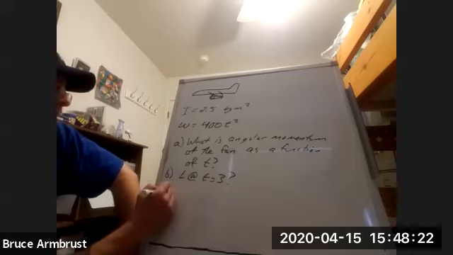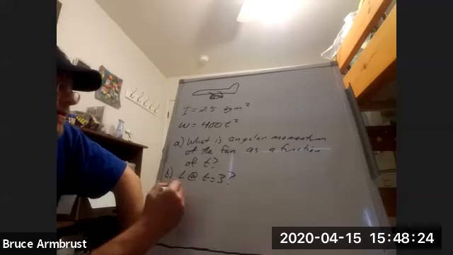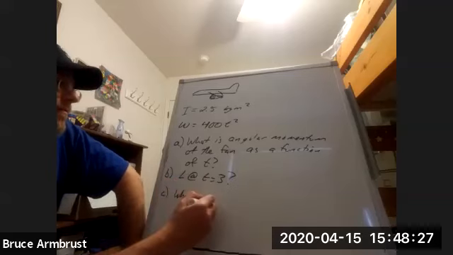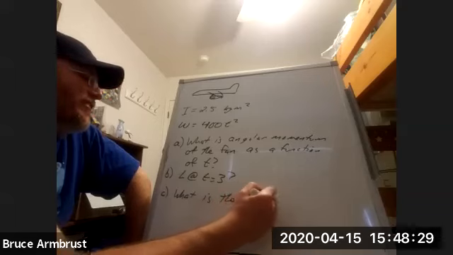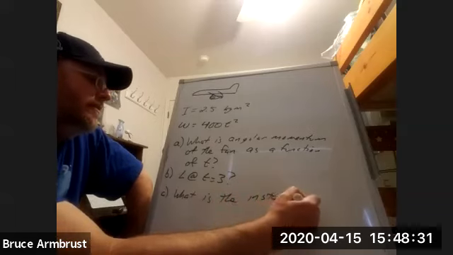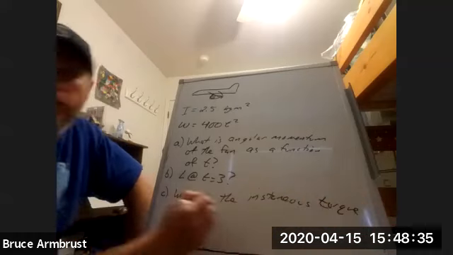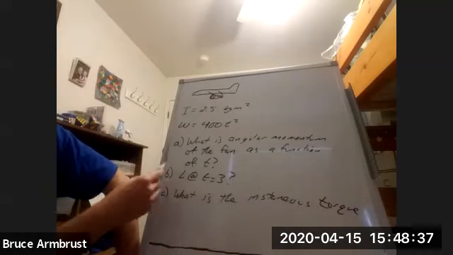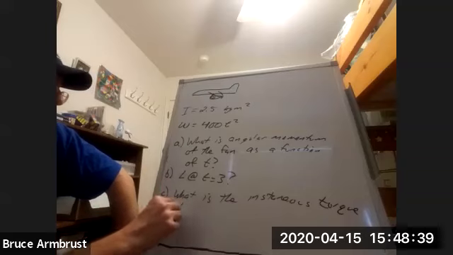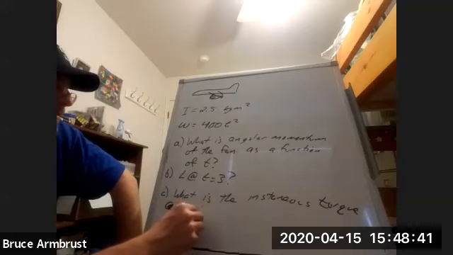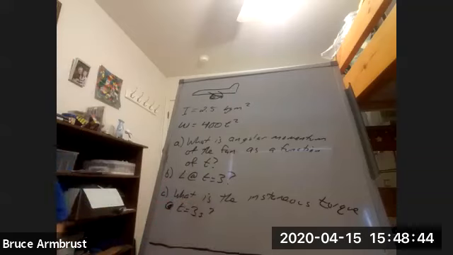And then the last question is going to be, what is the instantaneous torque at t equals 3? So also at 3 seconds, there's going to be a torque, and I want to know what it is.